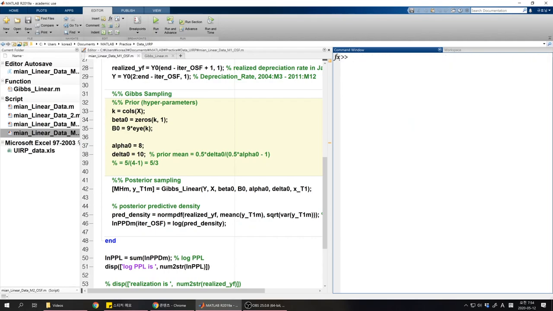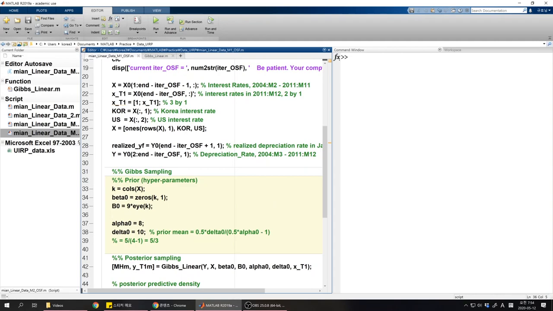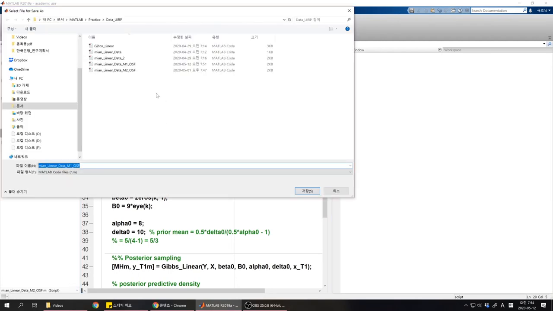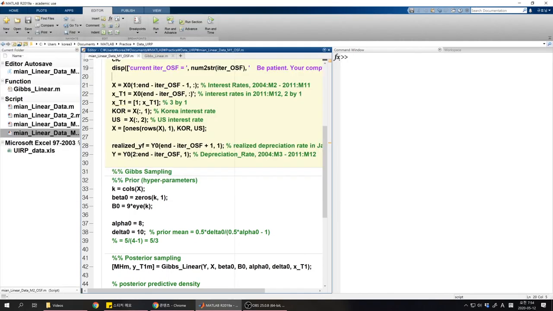Okay, so this is for model 1, and let's do this for model 2, and let me save as for model 2 here. In model 2 we use the cross-country interest rate differential, Korea minus US, right?